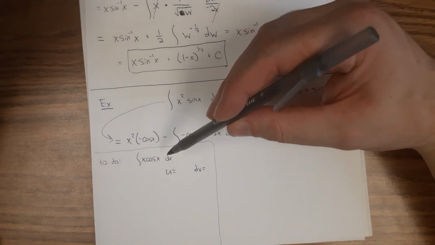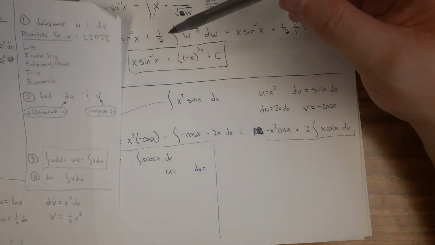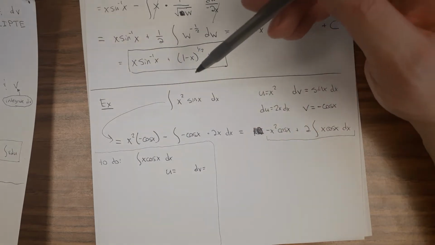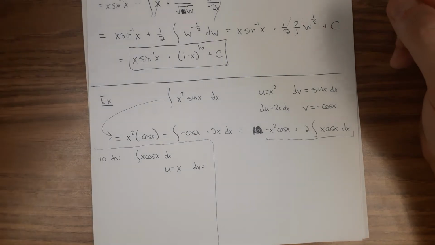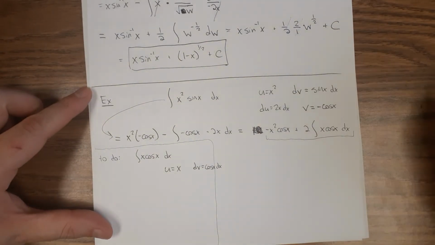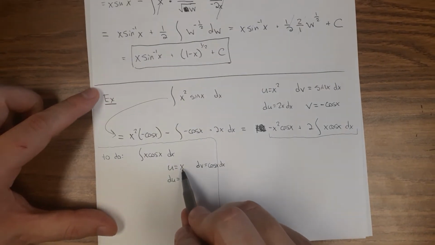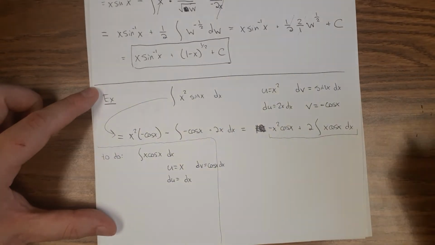Well, what are my priorities? I don't see any logs. I don't see any inverse trig. I do see a power of x, so that's going to be u. dv will be the rest. du is just the derivative of this, which is 1 times dx.